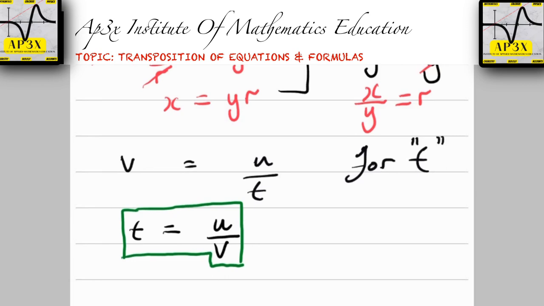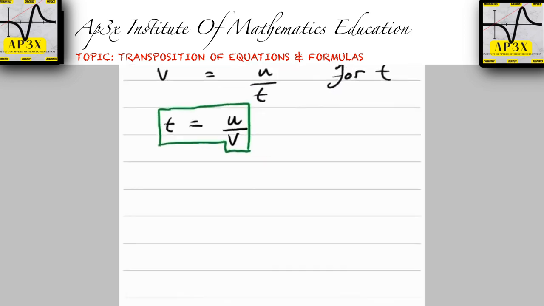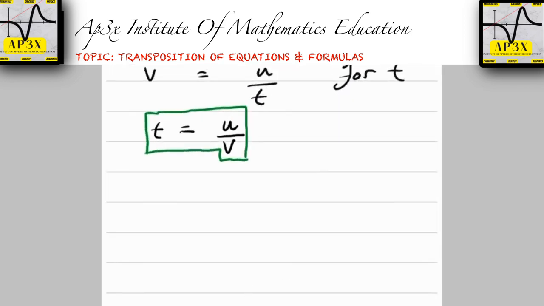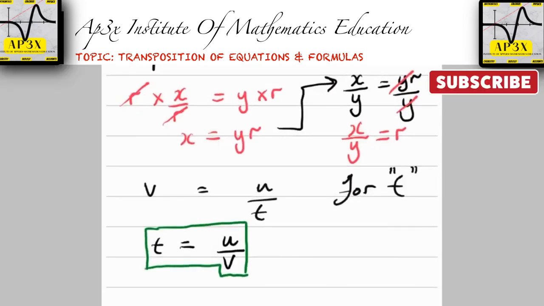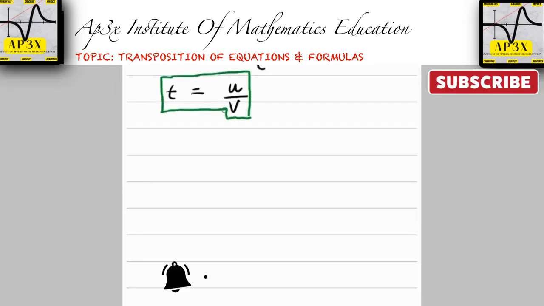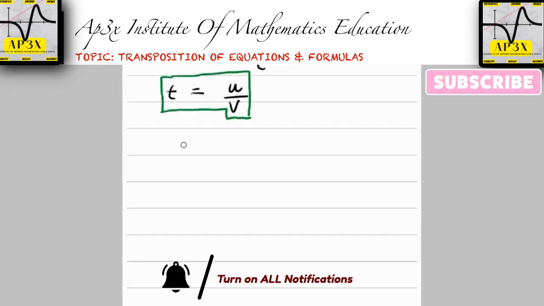Now, there's also another way in which you can actually solve this question here. And you'll see here where I explained about the swap position. We could actually go ahead and get the answer for T here. Let's just rewrite this question.